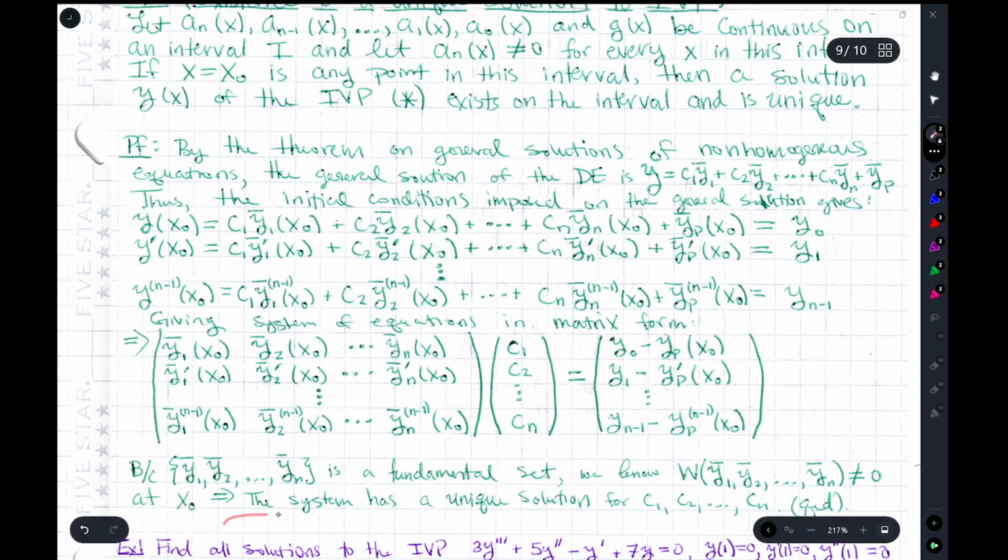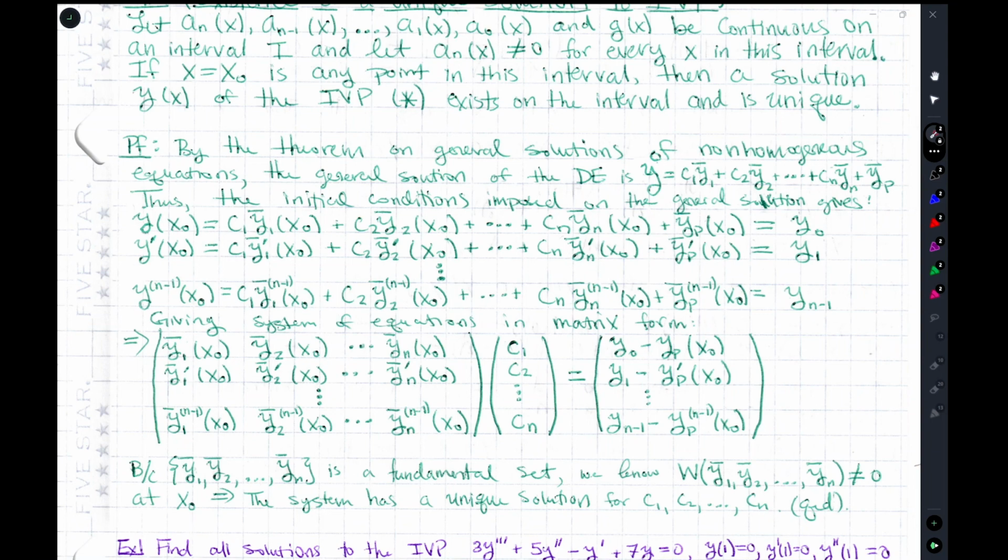Then this system has a unique solution for these C's. We find just one C1, one C2, through Cn, that will make this work. There's only one set of C's that will make this work, and what we just did in that case is fix the parameters. We fixed that n-parameter family of C's, and we did so to respect the initial conditions.